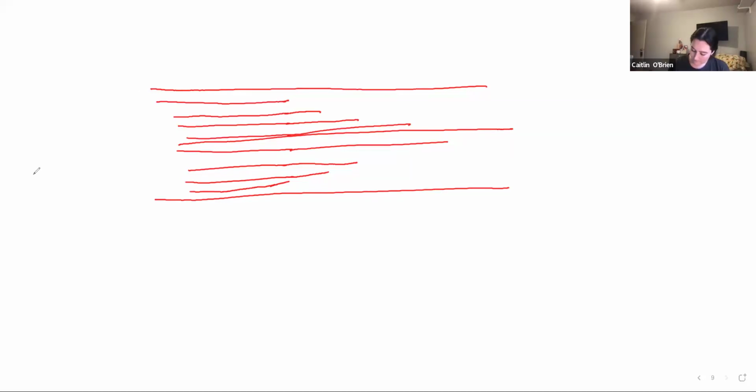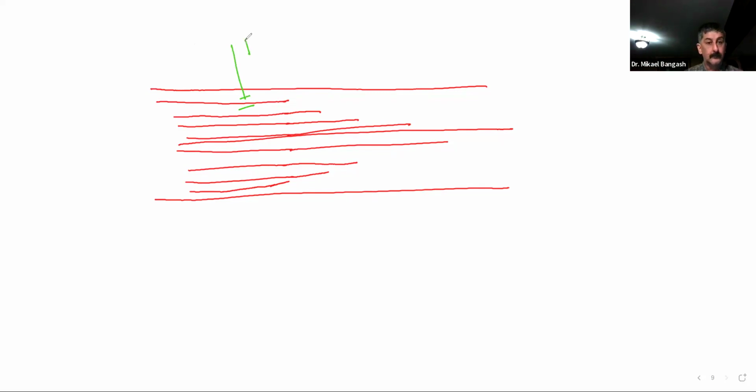Good. So if this was your blood vessel and you kept your sample volume here, what would you get? You will record a lower velocity, but you may just record the velocity of the blood in this lane here, right?